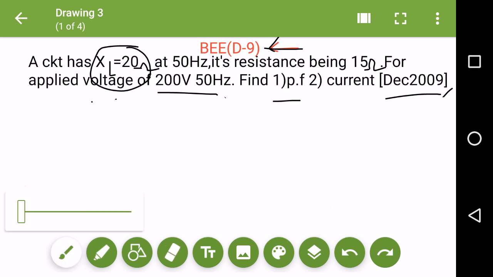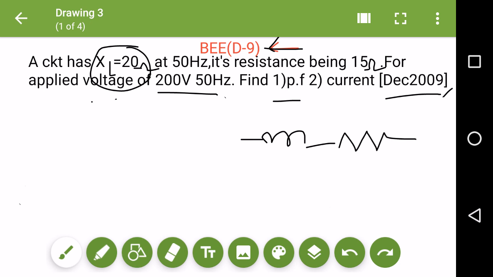First of all, I need to find the total impedance of the circuit. To imagine the circuit in your head, I will make it better by drawing on this board. The circuit is like this: you are provided with an inductor and then a resistor, and all this is applied with some total voltage.